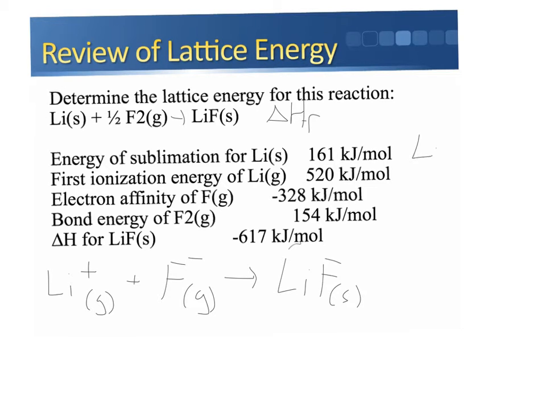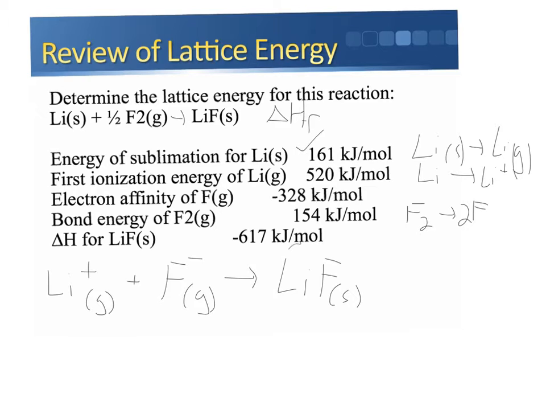Here we're turning lithium solid to gas. We need that 161. The first ionization energy is lithium turning to lithium plus 1. We need that. Then electron affinity for fluorine. Let's do these a little bit out of order, because we want to do the order that they happen chemically. Fluorine, we'll do the bond energy first.